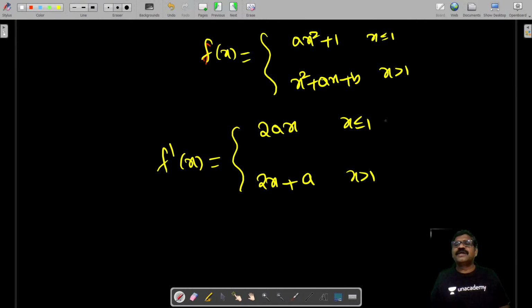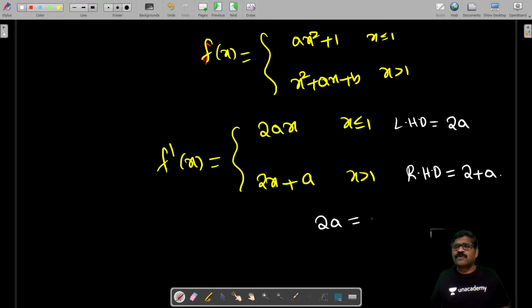Observe here, left hand derivative when x is tending to 1, 2a. Right hand derivative when x is tending to 1, 2 plus a. If the function is differentiable, left hand derivative equal to right hand derivative, 2a equal to 2 plus a. So a equal to 2.